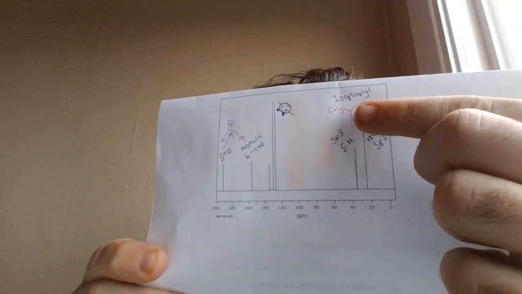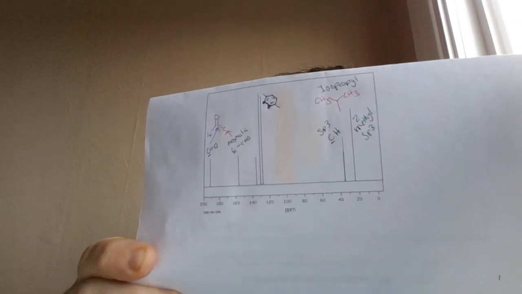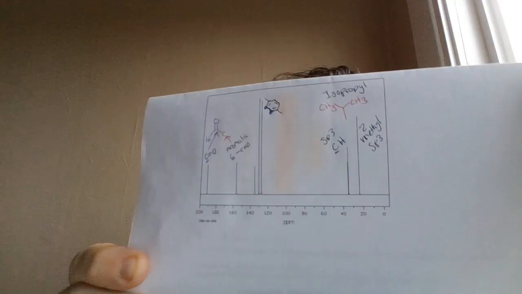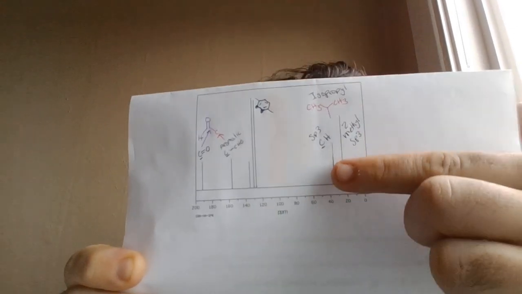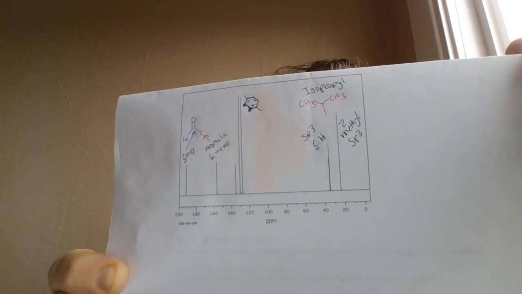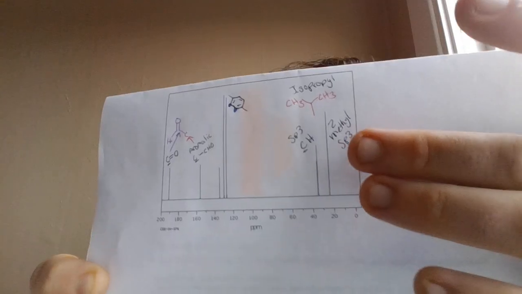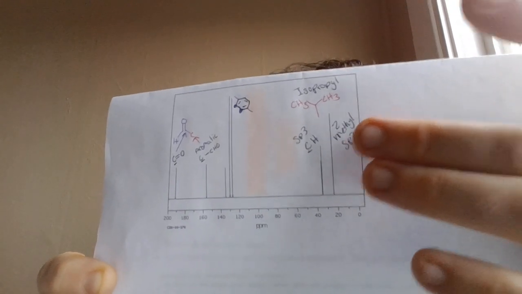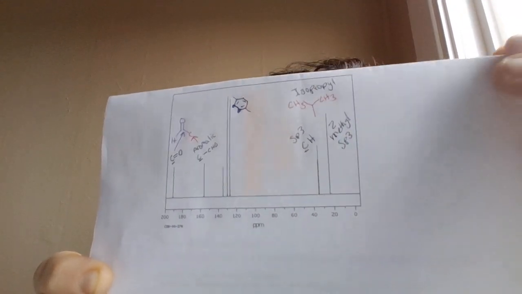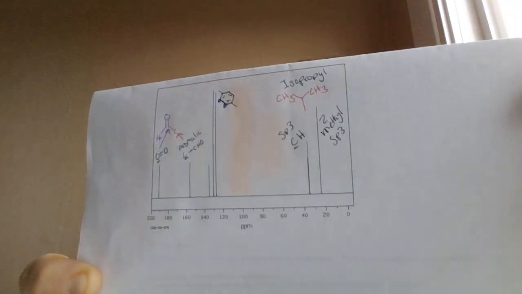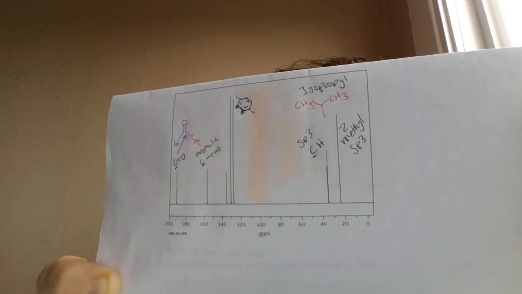So the isopropyl, this central carbon, has bonded 3 other carbons and a single hydrogen. It shows up as a smaller spike on the spectra because it has less shielding. And then the taller spike is the 2 methyl groups coming off of that carbon for the isopropyl functional group.